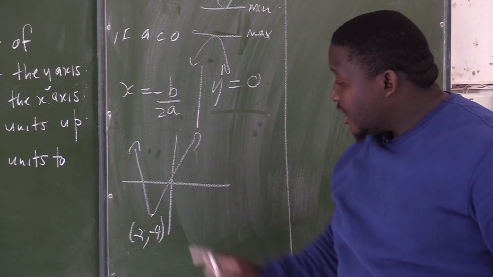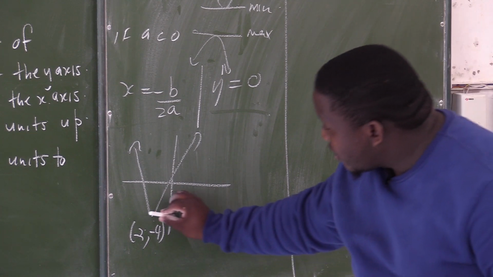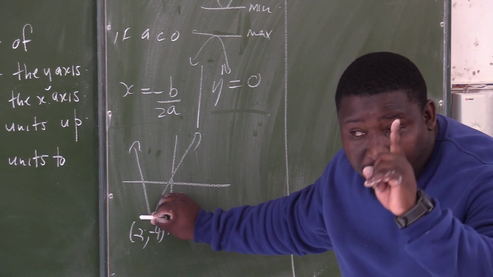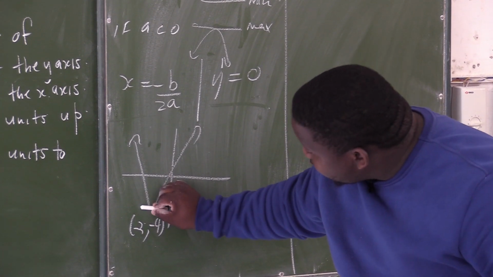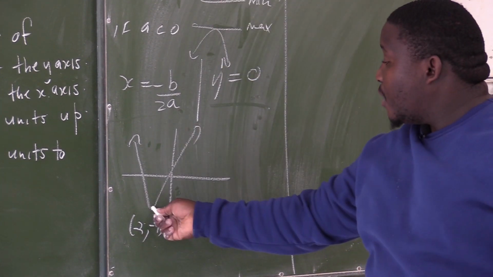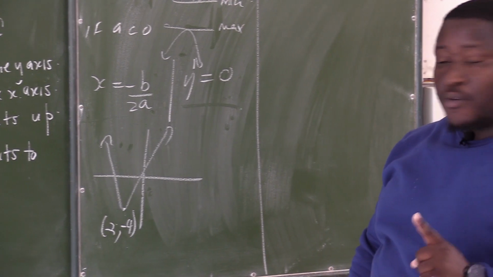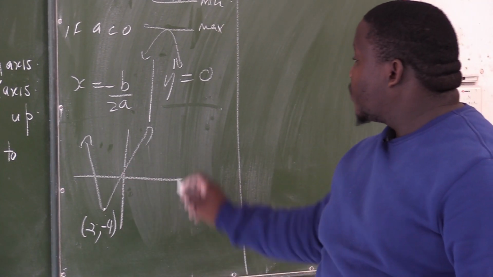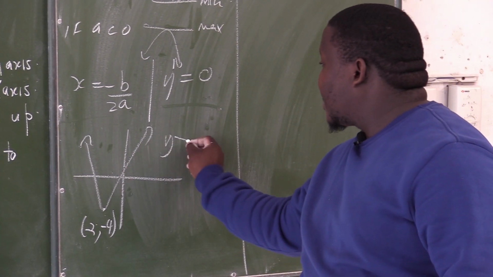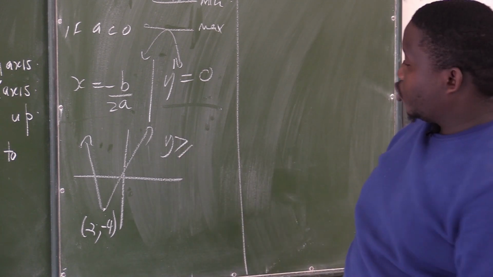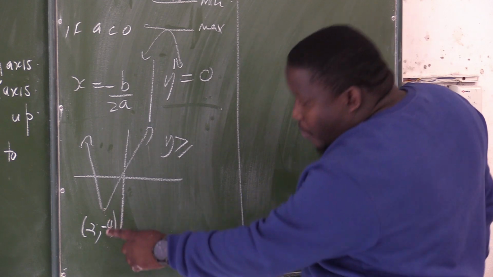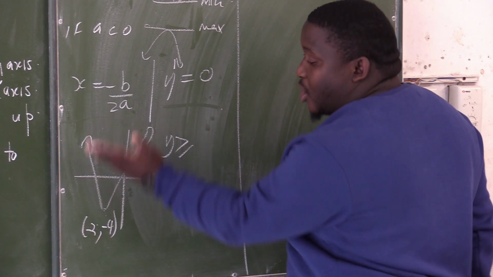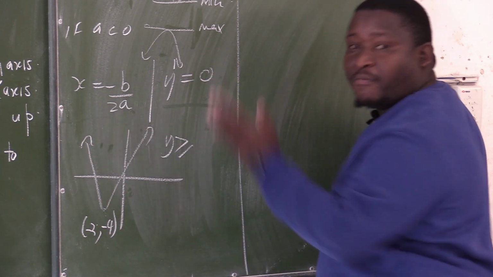So what is going to be my range? The range is from where? From the turning point. And my y values, remember for the range the focus is on the y values. The turning point's y value is -4. So what is my range for this graph? It will say y is greater than or equal to -4, because it equals -4 at the turning point, but also all values above -4.